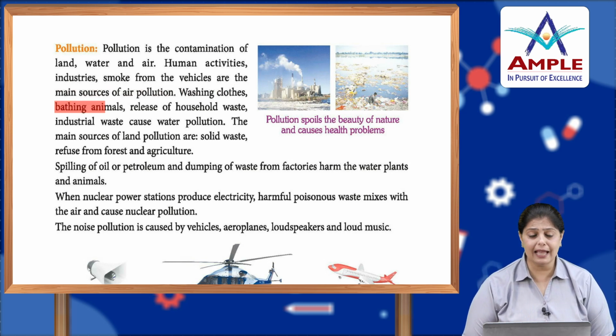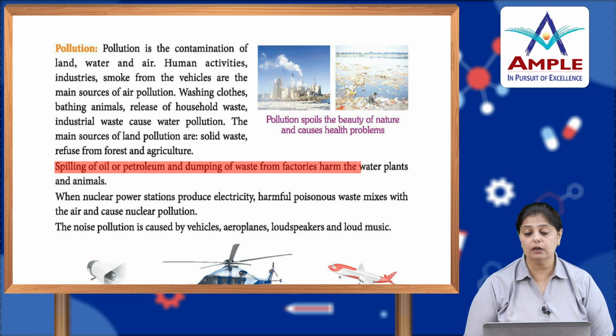Washing clothes, bathing animals, release of household waste, and industrial waste, what do they cause? They cause water pollution. The main sources of land pollution are solid waste and refuse from forest and agriculture. Then spilling of oil or petroleum and dumping waste from factories harm the water plants and animals.